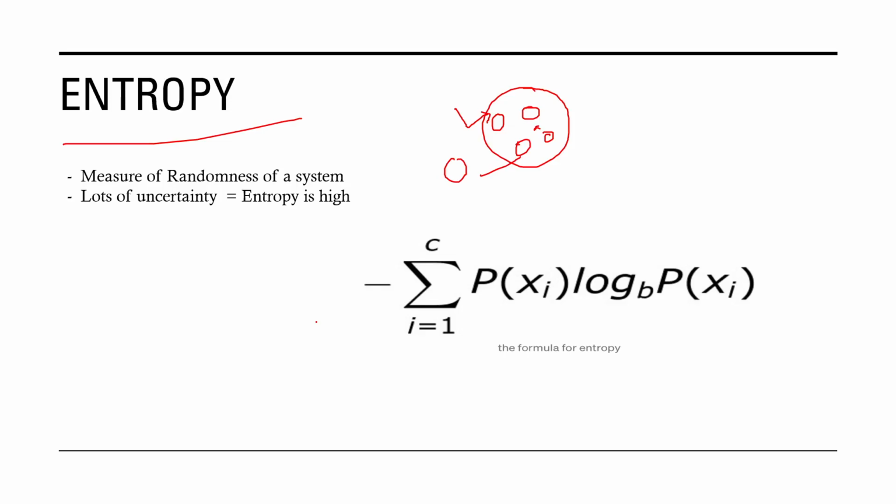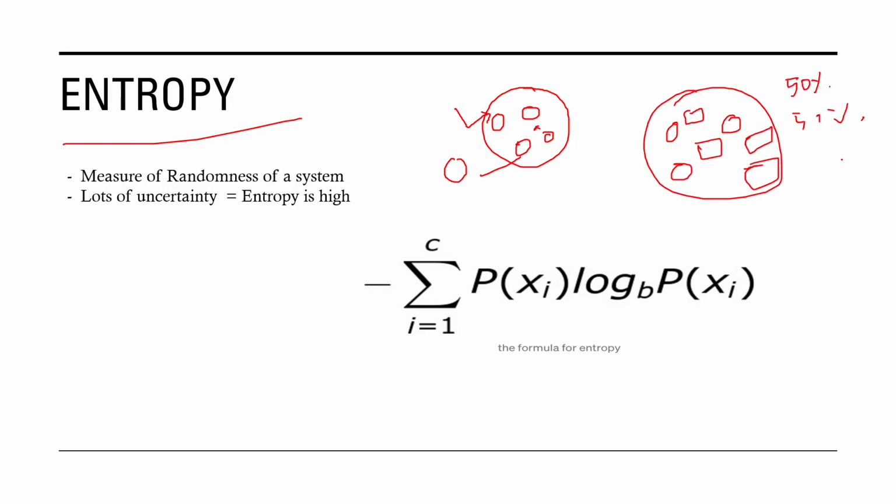Sorry for the picture, I am not good at drawing. Here we can see 50% circle, 50% rectangle. So we cannot pick any one and say that this is a circle, this is a rectangle. There is randomness.